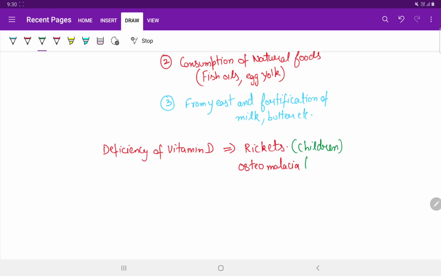Rickets in children is characterized by bone deformities due to incomplete mineralization, resulting in soft and pliable bones and delay in the teeth formation.